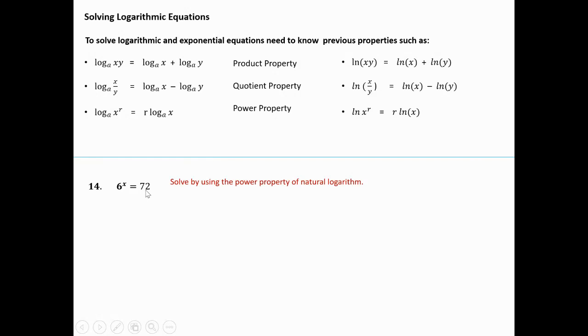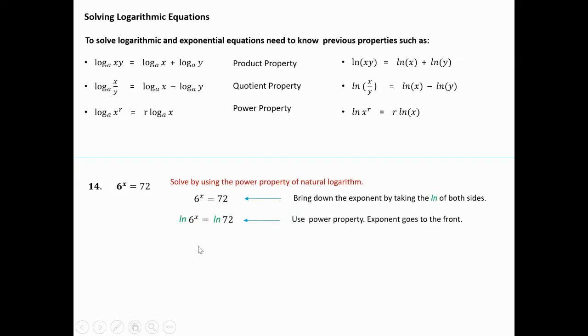Whenever that occurs, all you do is take the ln of both sides, right? You bring down the x by taking the ln of both sides. So by the rule, when you have the ln of a number to a power, the power goes to the front. Okay. Now we can divide both sides by the ln of 6.